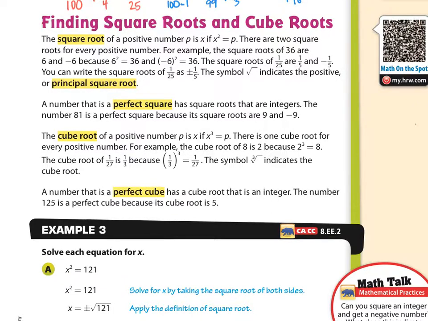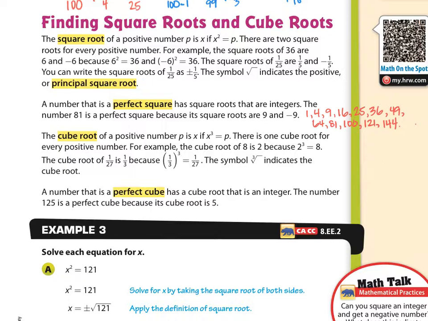So what's 1 squared? That's 1. 2 squared is 4. 3 squared is 9. 4 squared is 16. 5 squared is 25. And if I continue that pattern, 6 squared, 7 squared, 8 squared, 9 squared is 81. 10 squared, 11 squared, and 12 squared.